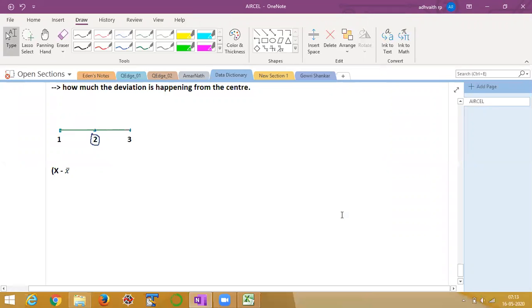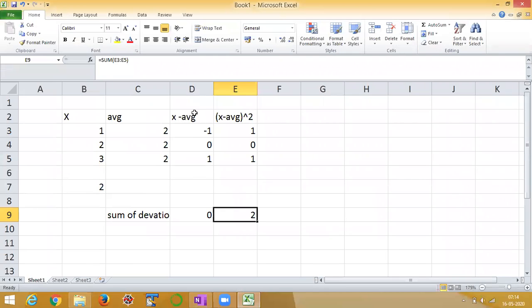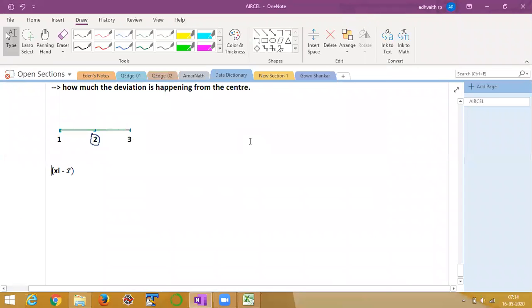I should write xi, this is the original, so this is also small x, and bracket close. And what did you do after that? You have taken the differences. That's what I wrote. And what after that? I made it square, no? Yes, let's make it square.